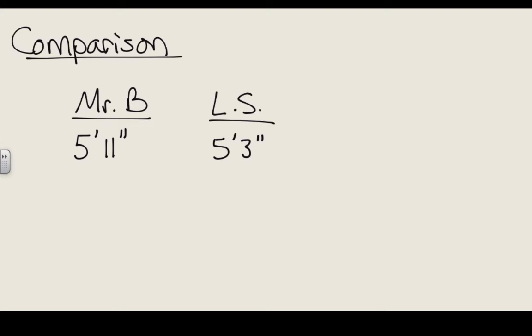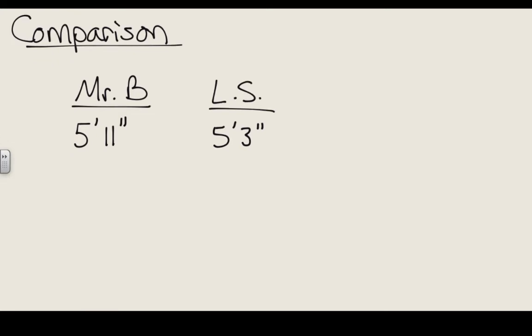However, for our purposes, for our comparison, we're going to take this and convert it into a mixed number and then into a decimal. So let's start this process. 5 feet 11 inches can be written as a mixed number. Does anyone want to take a try at what they think that mixed number might look like? Casey? That's perfect.